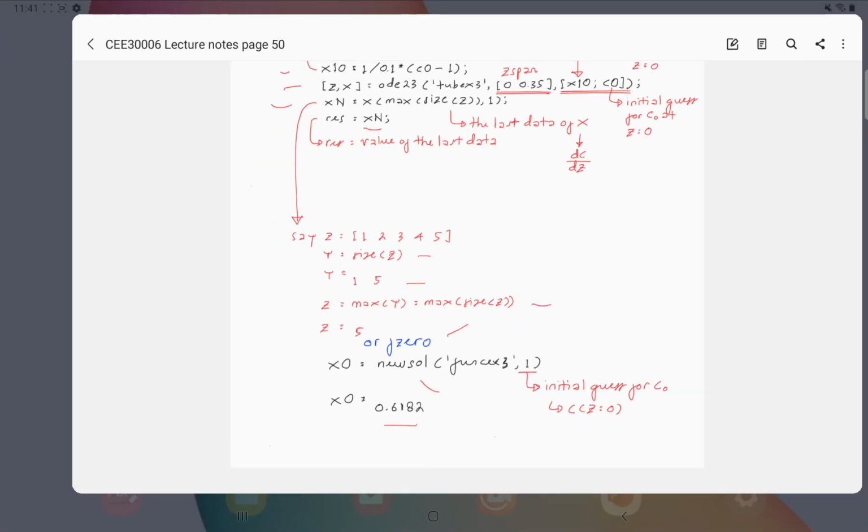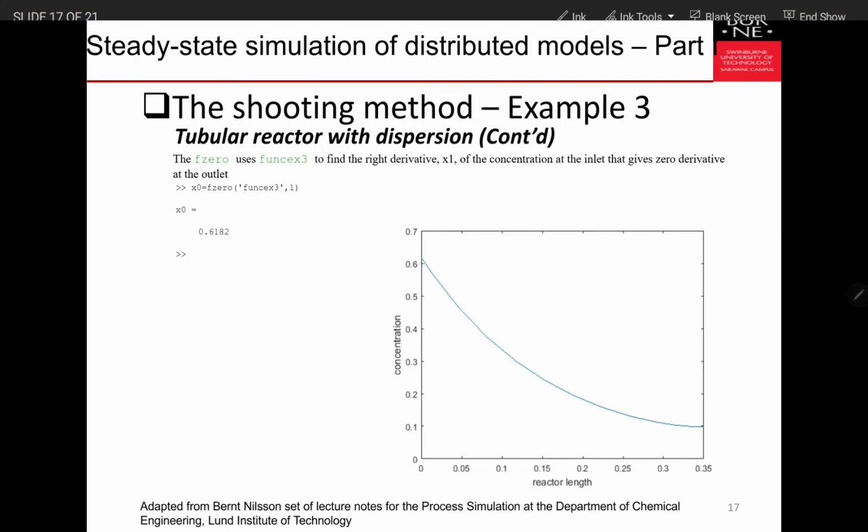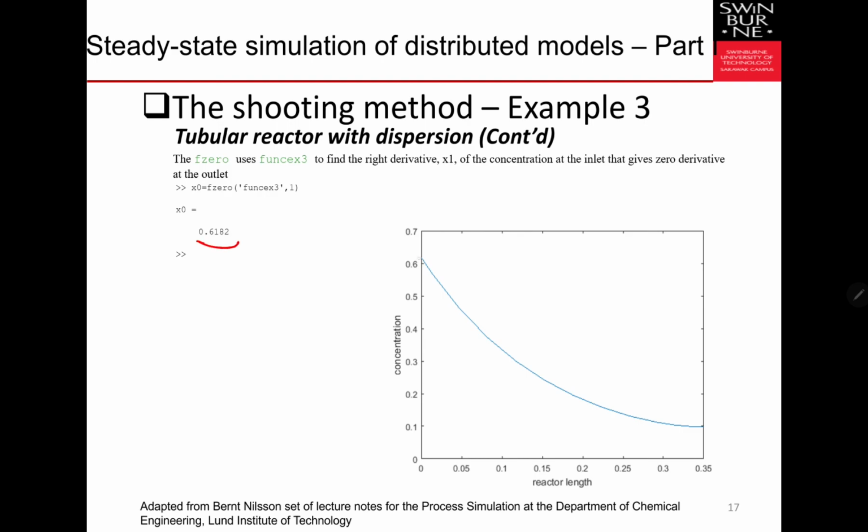If we go here, this will be this value. So this value 0.6182 is the one that gives the derivative at the outlet equal to 0.